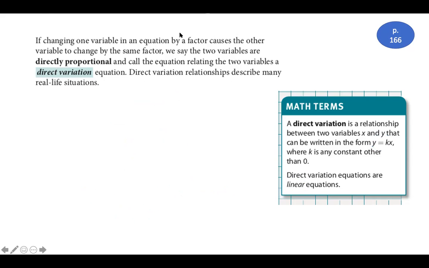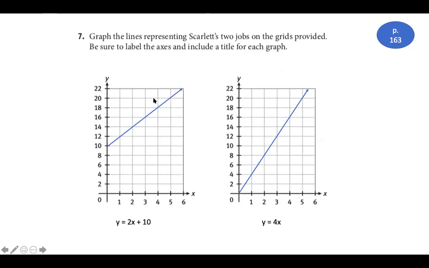So let's look at this next slide here. These are the two graphs we came up with for Scarlett, and these are the two equations we came up with for Scarlett. One of them is proportional. Can you spot it? Yeah, it's this guy. This is our proportional or directly proportional relationship. Look at the equation.